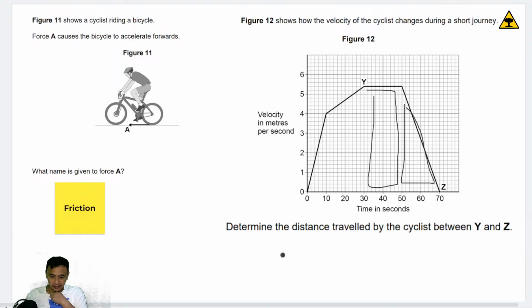So let's say area 1 and area 2. Distance is equal to area 1 plus area 2, which will be 162 meters.